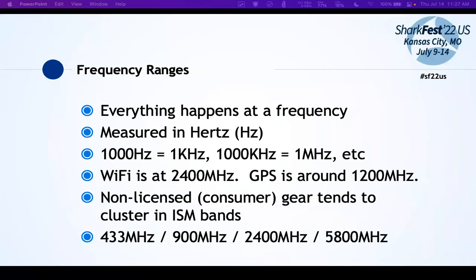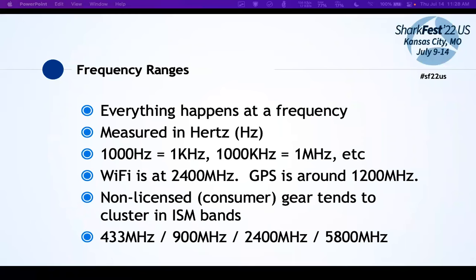Most non-licensed gear, stuff you can buy and operate, like light switches, weather stations, Wi-Fi, tend to cluster around what are called ISM bands. They're industrial, science, and, now I'm blanking, mechanical? Medicine. There we go. Industrial, science, and medicine, where there are bands pre-allocated, generally worldwide.